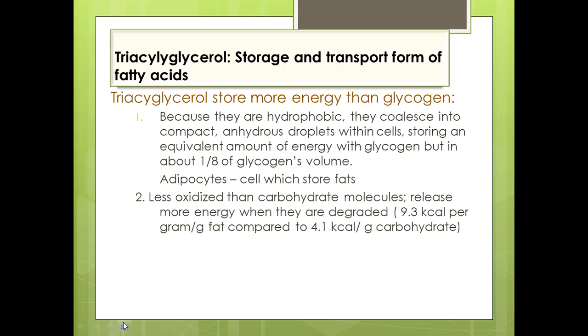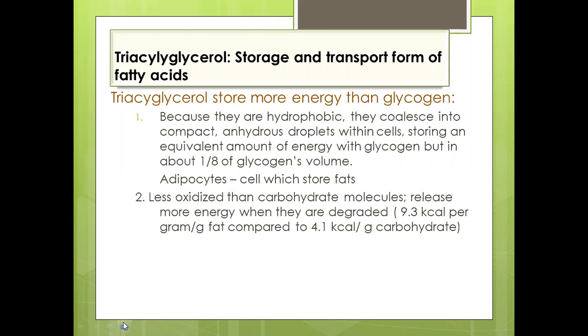So triacylglycerol actually stores more energy than glycogen. Glycogen, what we have learned in the carbohydrates chapter, also stores energy. In this case, the triacylglycerol actually stores more energy than glycogen.